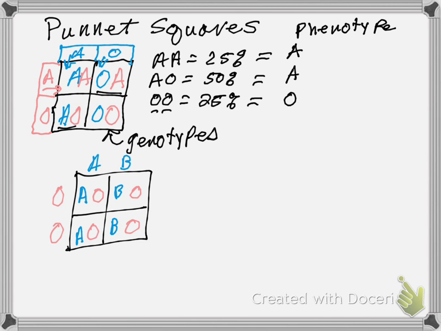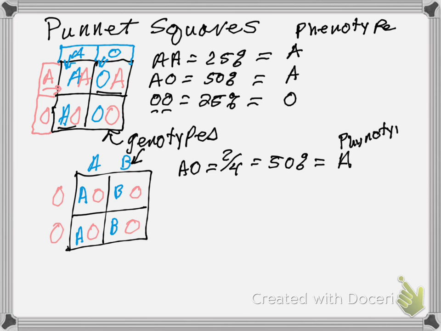So in this case, what are the options for these kids? Again, these are the genotypes. They're the letters. So we have AO, and there's 2 out of 4. So that's 50%. And their blood type will be what? That's right, that will be A. That is their phenotype, A blood type.